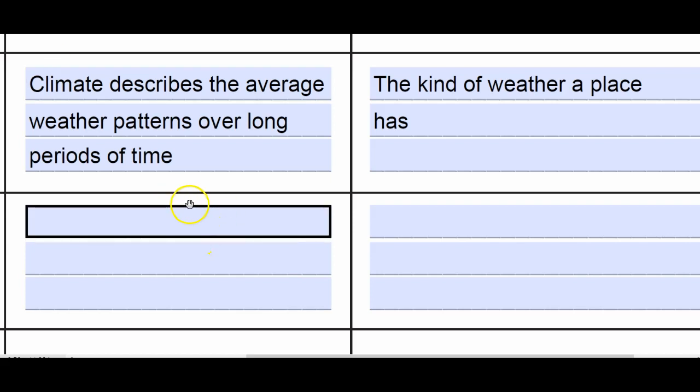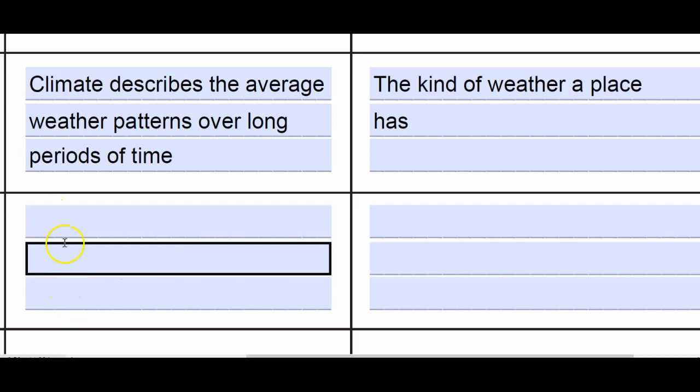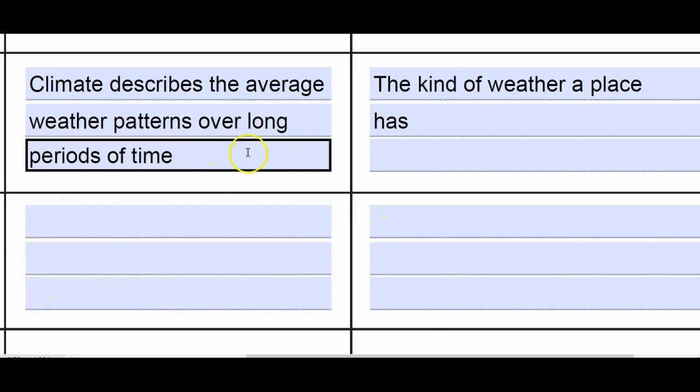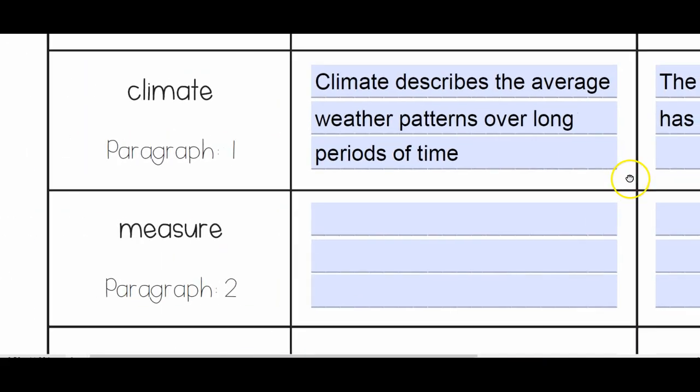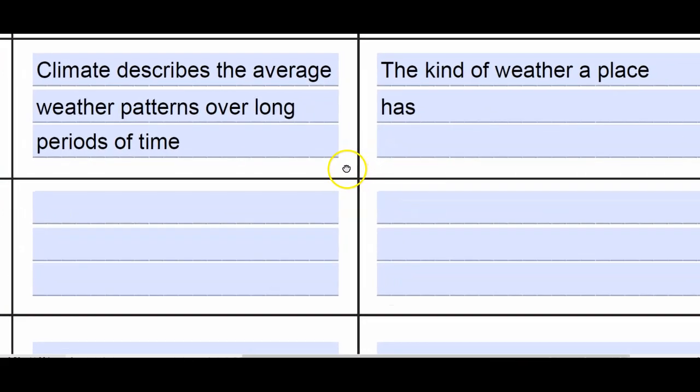Okay, and then I'm going to do the 2 bottom ones as well, because the next word is measure, which is also found in paragraph 2. And here are the context clues. This is what it says about measure.